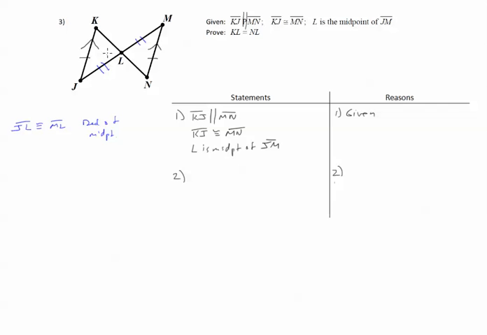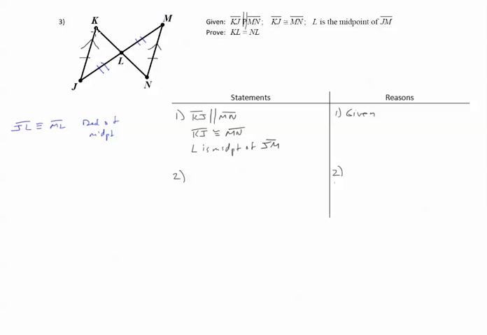Now, I'm looking at these two triangles. If I'm going to try to prove that this distance KL is the same as distance NL, I need to be able to show that these two triangles are congruent first.